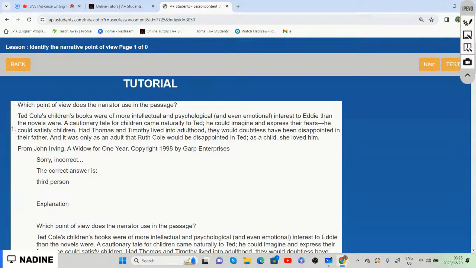So if we read that passage, based on it we need to say if it's first person, second person, or third person.